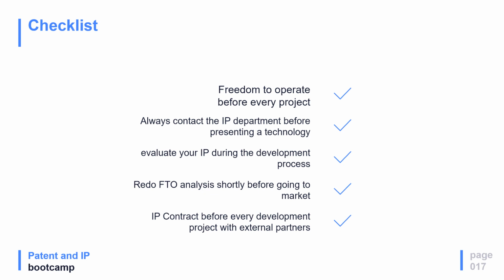You should do a freedom to operate analysis before every project. Always contact your IP department before presenting a technology. Evaluate your IP during the development process, so this should be done continuously. Then also redo this freedom to operate analysis before going to market, and an IP contract should be signed before every development with external partners.